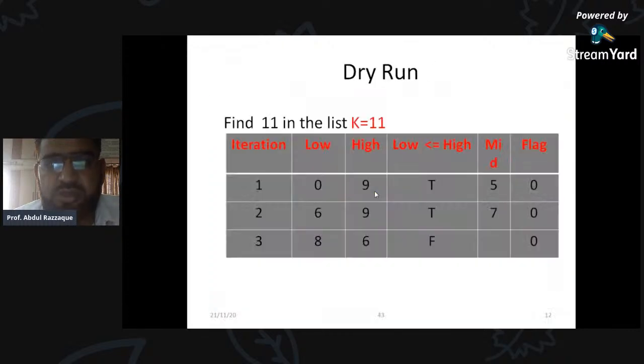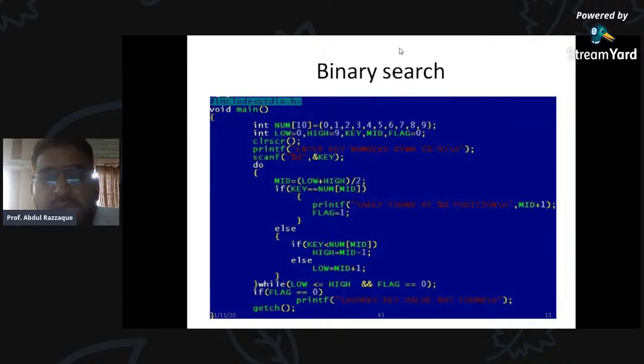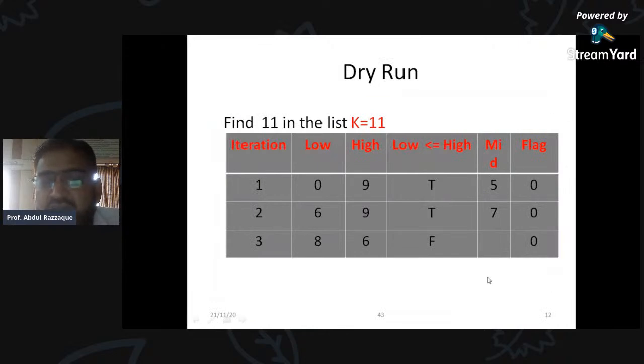Low is 0 and high is 9, so 0 plus 9 is 9. 9 divided by 2 is 4, not 5. Here again, 5 has been taken by mistake. It should be 4.